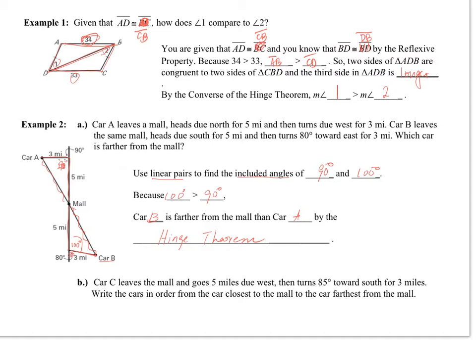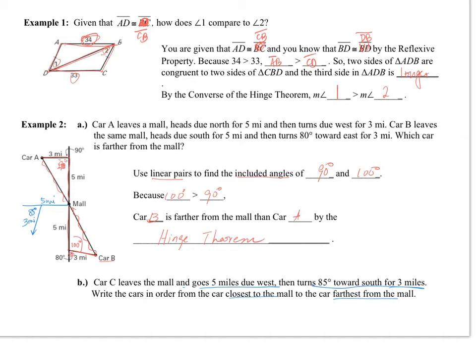Now we have another car C that leaves the mall and goes 5 miles due west, and then turns 85 degrees towards south for 3 miles. So then it turns 85 degrees due south, and this is about 3 miles. Write the cars in order from the car closest to the mall to the car farthest from the mall.